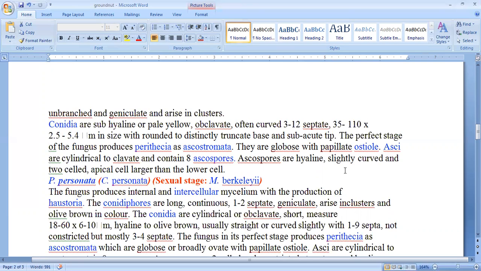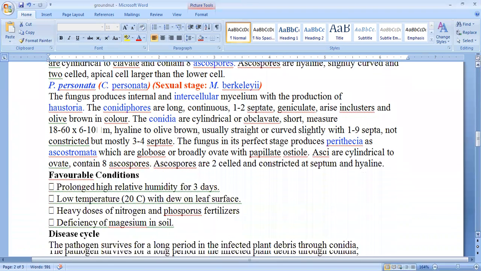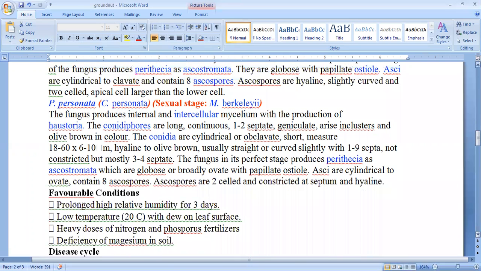The perfect stage is producing perithecia and they are globose, papillate, with ostiole, and the asci formed in this are cylindrical to clavate. They contain 8 ascospores. The ascospores are hyaline, that means almost transparent, slightly curved, two-celled only, and the apical cell is larger than the lower cell.